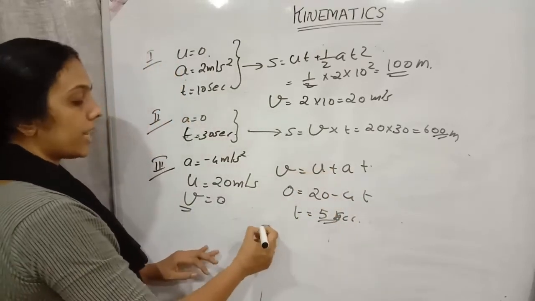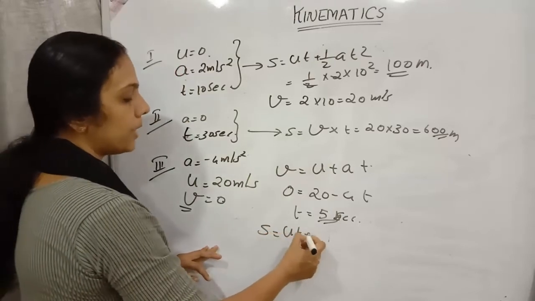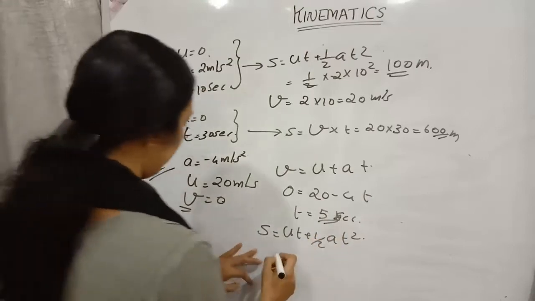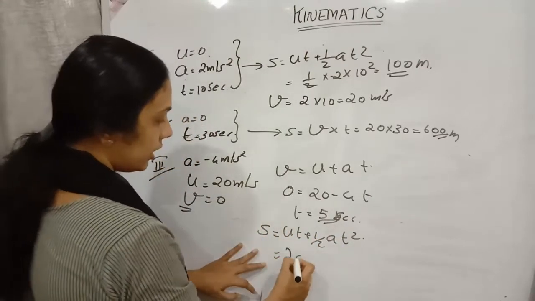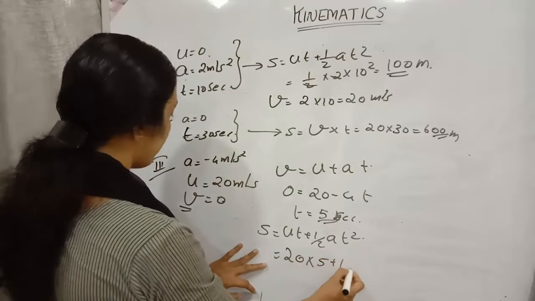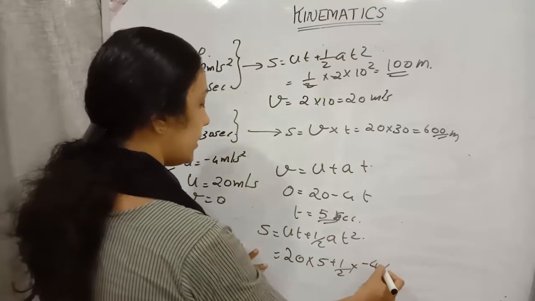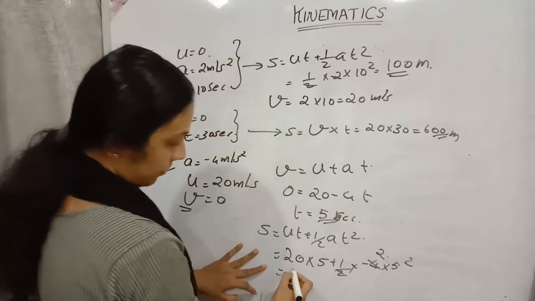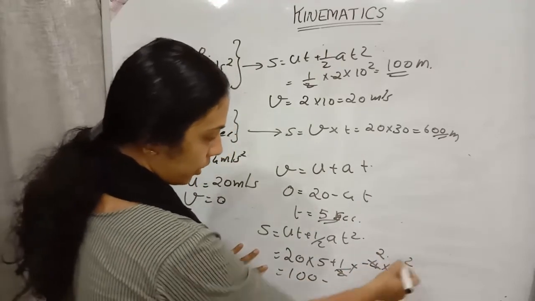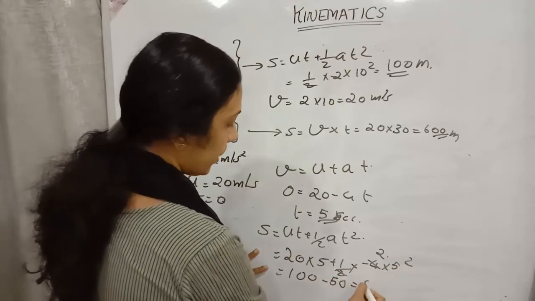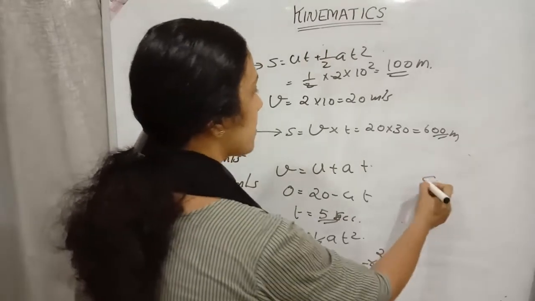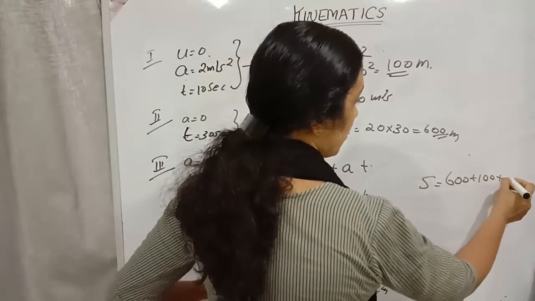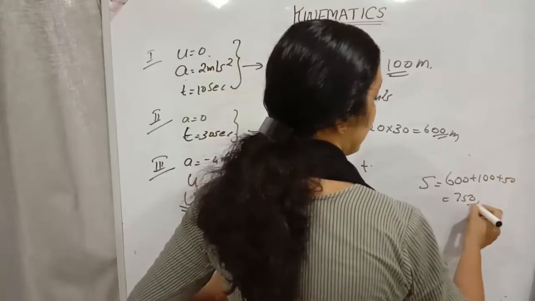Now we can find s as s is equal to ut plus half at square. Here u is 20 into 5 plus half into minus 4 into 5 square. That is 100 minus 50, so it is 50 meters. So what is the total distance? 600 plus 100 plus 50. So the answer is 750 meters.